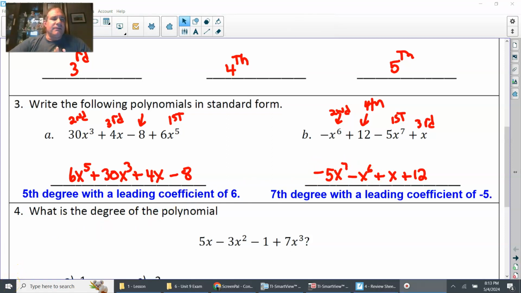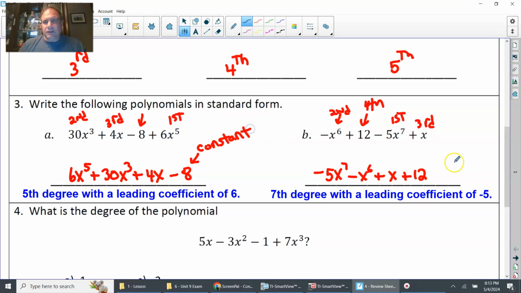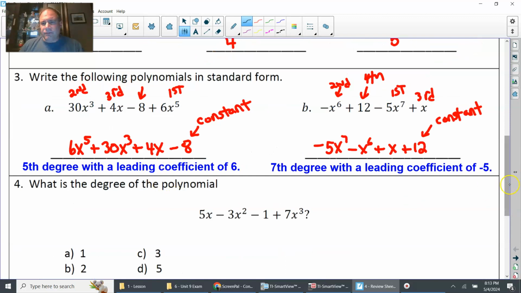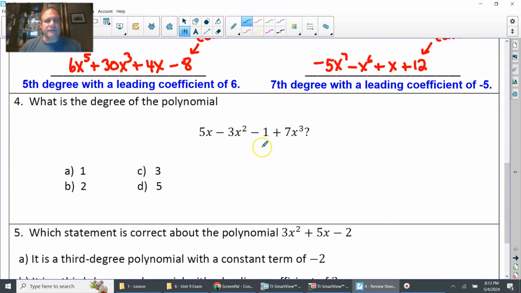All right, so I put down the 5th degree with a leading coefficient of 6 for A. And then, by the way, this is the constant. And this is the constant for that. This is the 7th degree with a leading coefficient of negative 5. What is the degree of the polynomial listed here? First off, it's not in standard form.